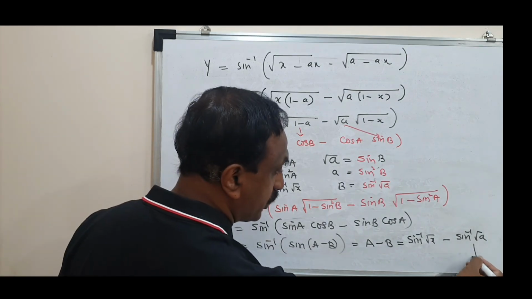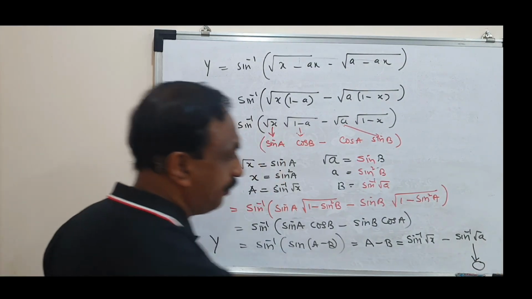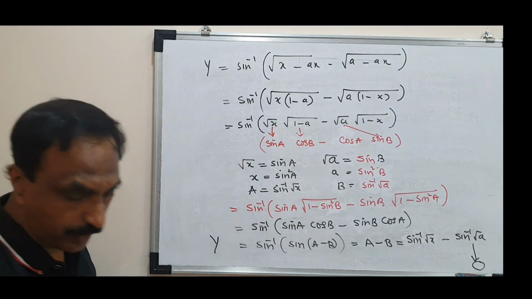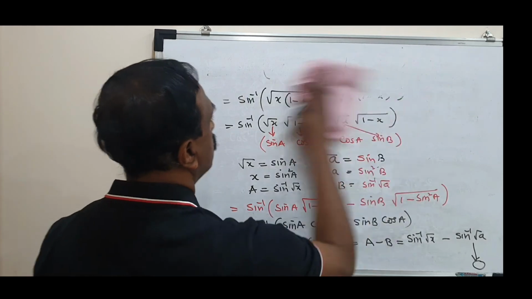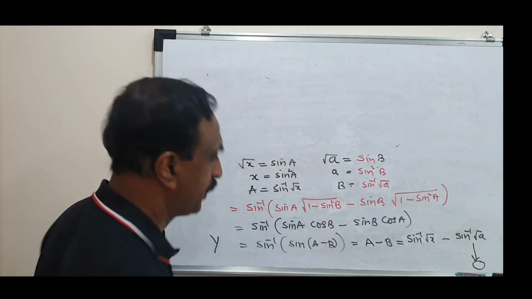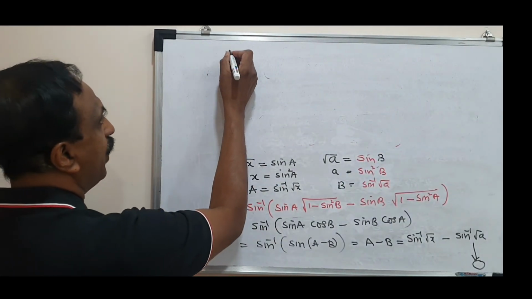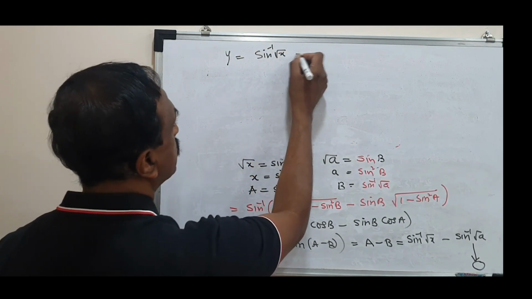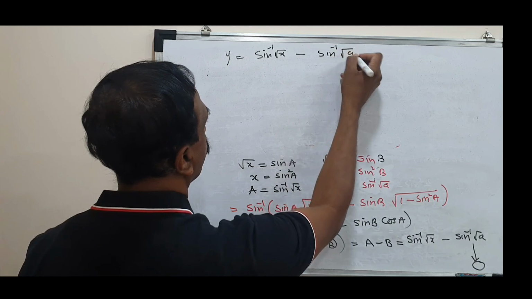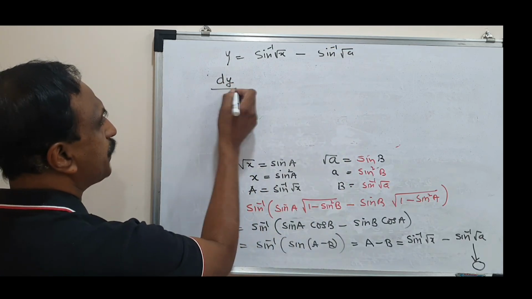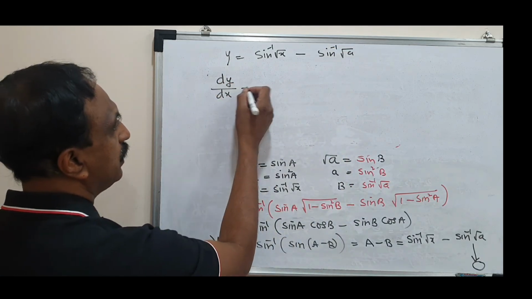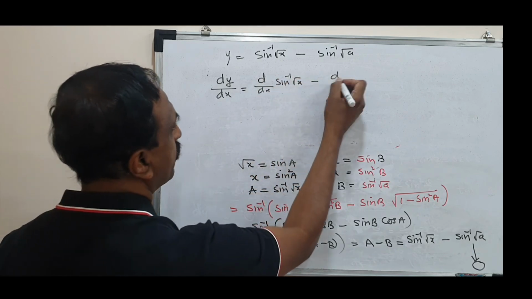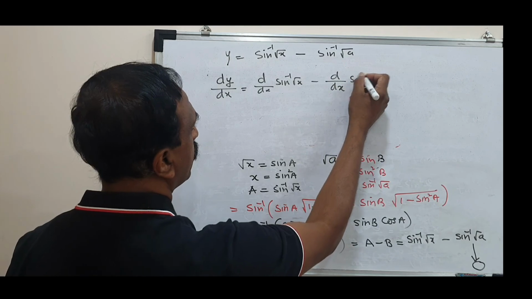What is the derivative of sine inverse root a? This will become 0 because there is no x in it. What will be the derivative of sine inverse root x? We'll have to apply the formula. So y is equal to sine inverse root x minus sine inverse root a. Differentiating with respect to x, it is the derivative of sine inverse root x minus the derivative of sine inverse root a.